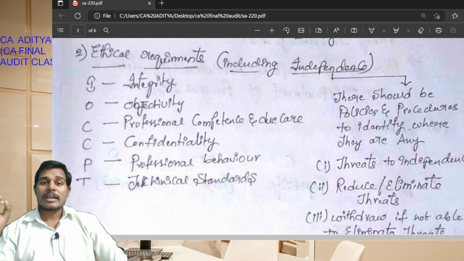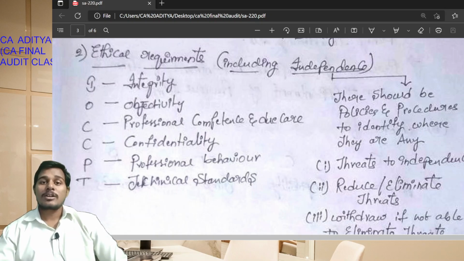Okay students, in the case of independence, as per SQC 1 and SA 220, the CA firm or engagement partner has to verify whether there are policies and procedures to identify the threats to independence, and whether the identified threats are reduced or eliminated. If they are unable to reduce or eliminate them, they should withdraw from the engagement, whether it is the audit firm, the engagement team or the engagement partner.